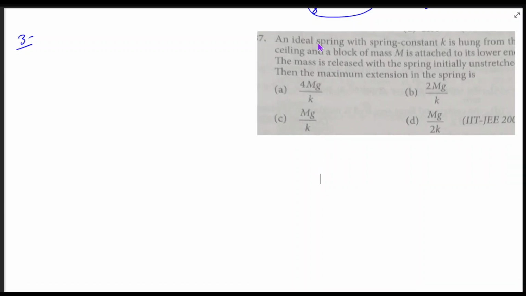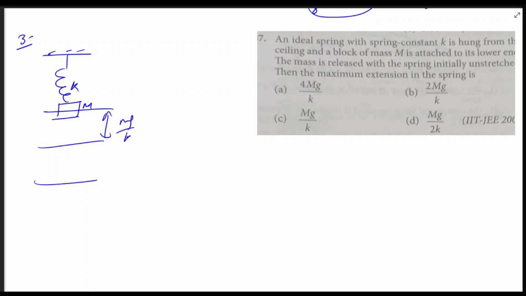Okay, perfect. So we have an ideal spring attached to a mass, and the mass is released initially from the unstretched position. We need the maximum extension. We know this is a very easy question. The equilibrium extension was mg by k.